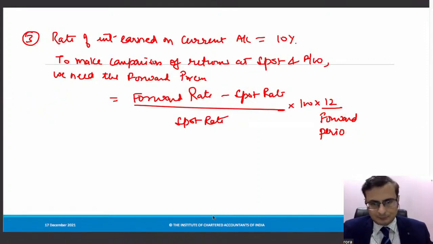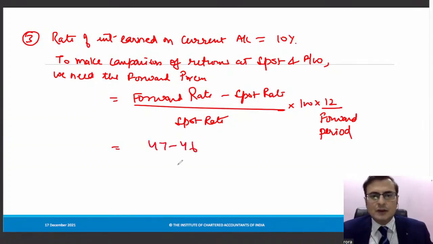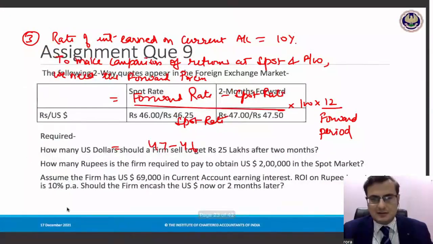Now, how do we calculate that? Forward rate. It is given to us. 47 minus 46. What rates are we taking? Are we taking the ask rate or bid rates? Okay, we are taking the bid rates, just like we did. So 47 minus 46. Can everybody see?